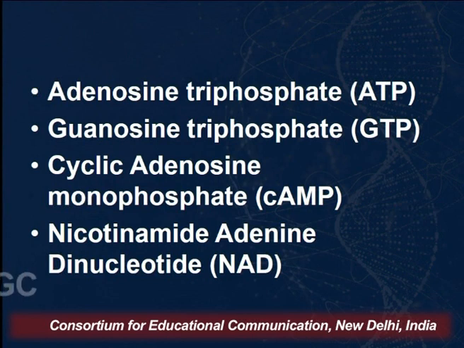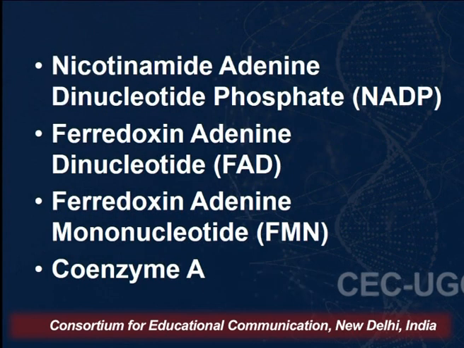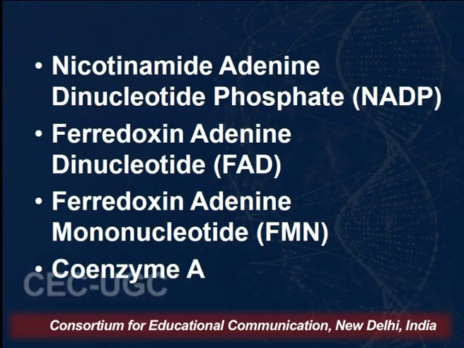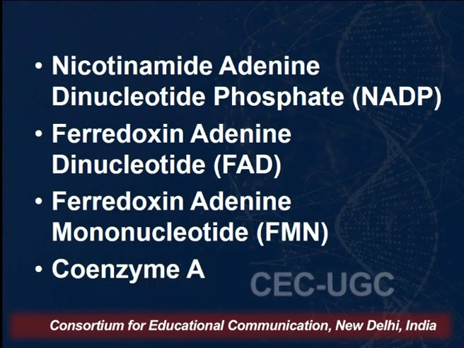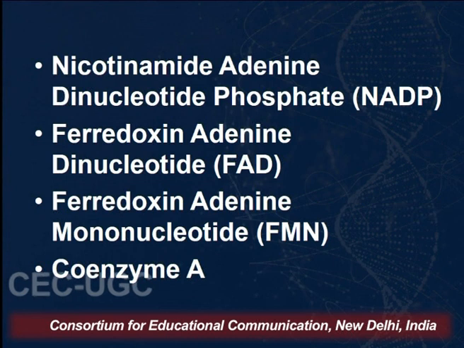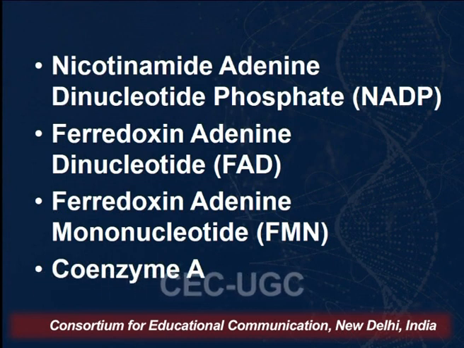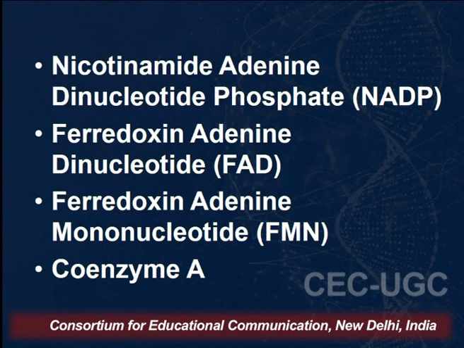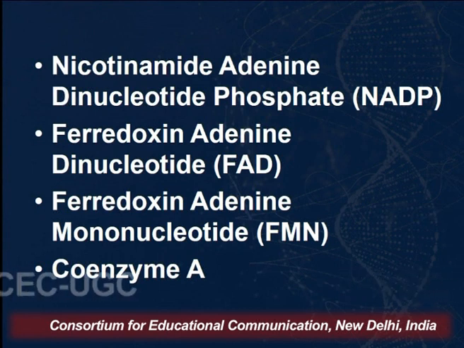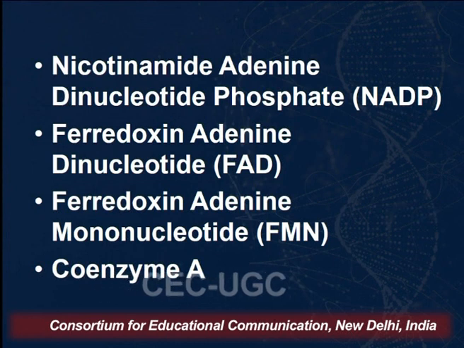Then we have nicotinamide adenine dinucleotide, which is NAD. The other one is nicotinamide adenine dinucleotide phosphate. Then we have flavin adenine dinucleotide, abbreviated as FAD. Then we have flavin mononucleotide, FMN, and then we have coenzyme A.